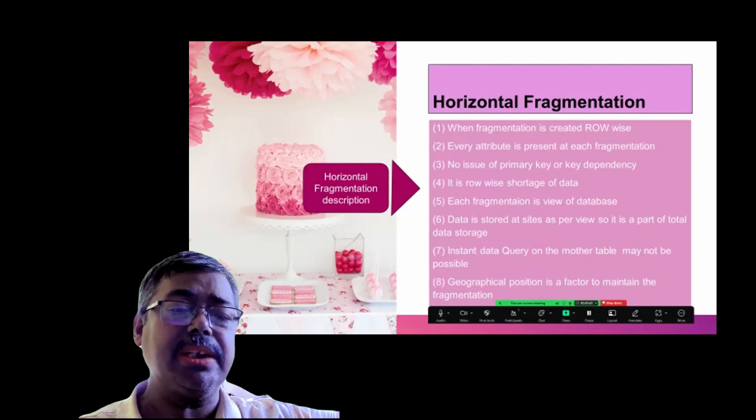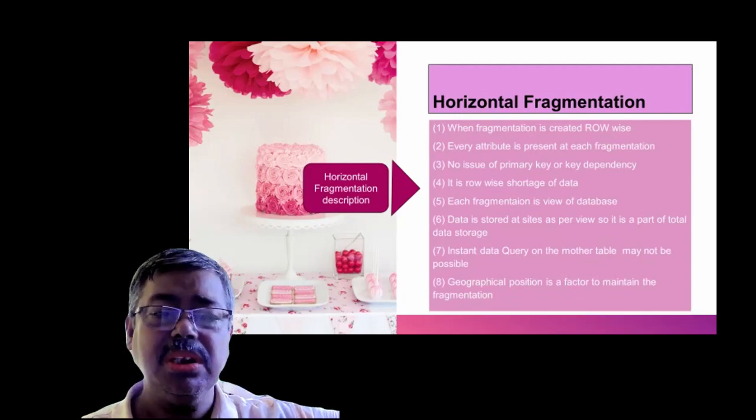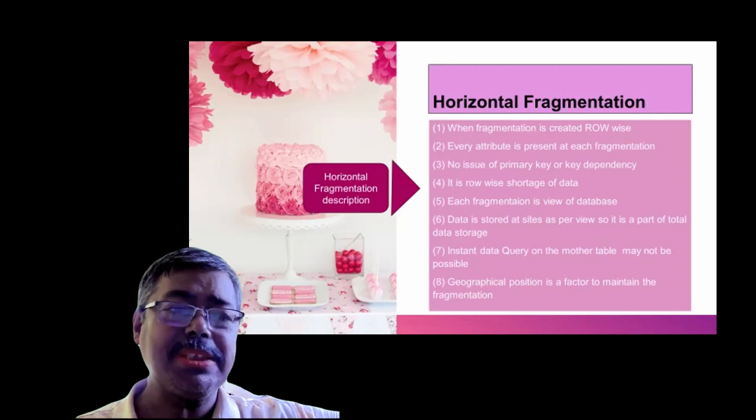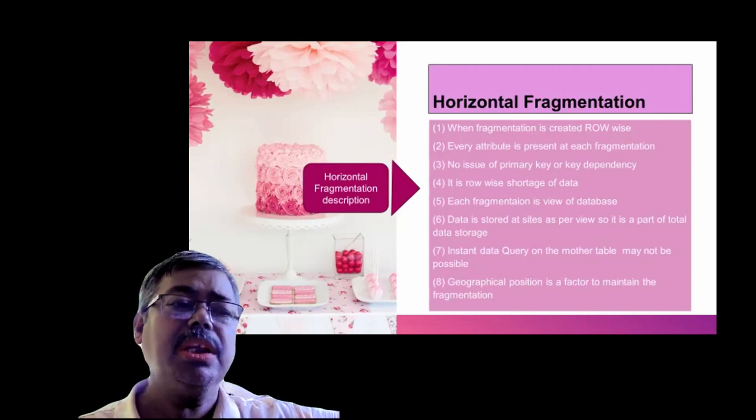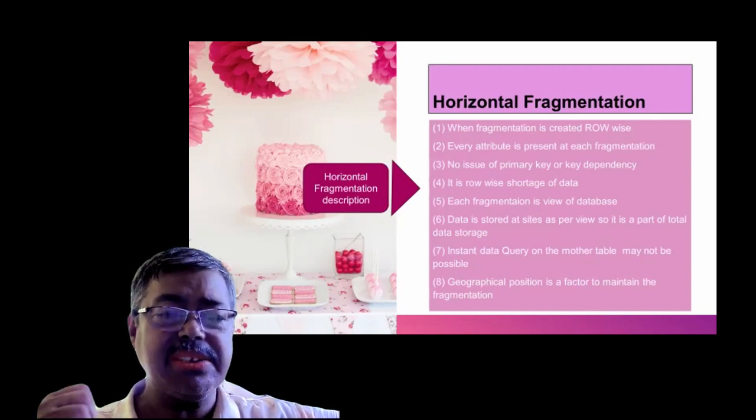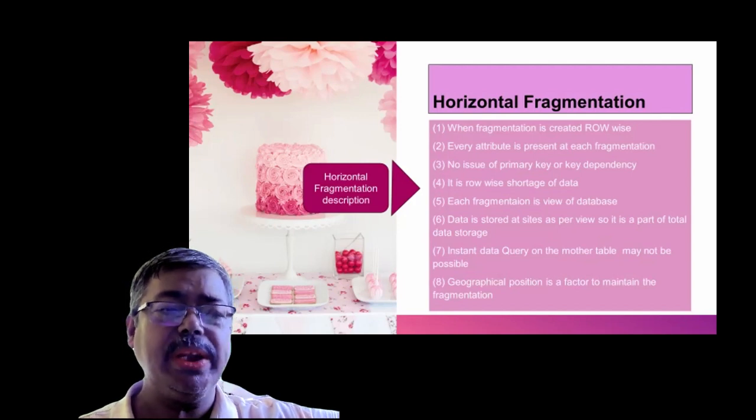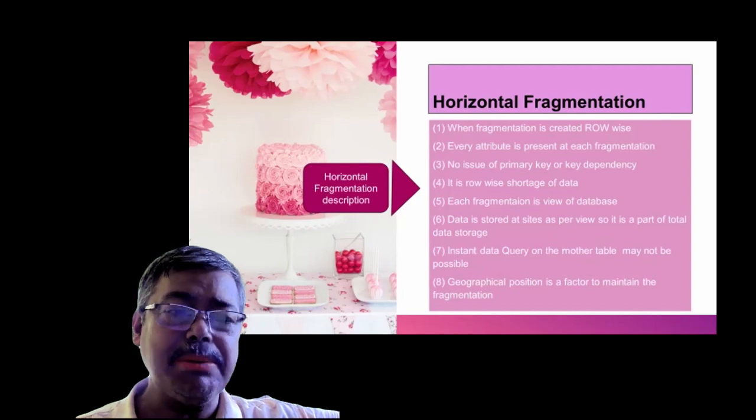Geographical position is a factor in maintaining the fragmentation. Why does this factor come? Because site 1 deals with its own customers and specific staff, and site 2 deals with specific customers and also specific staff. If site 1 gets the facility to enter data, it is not time consuming.